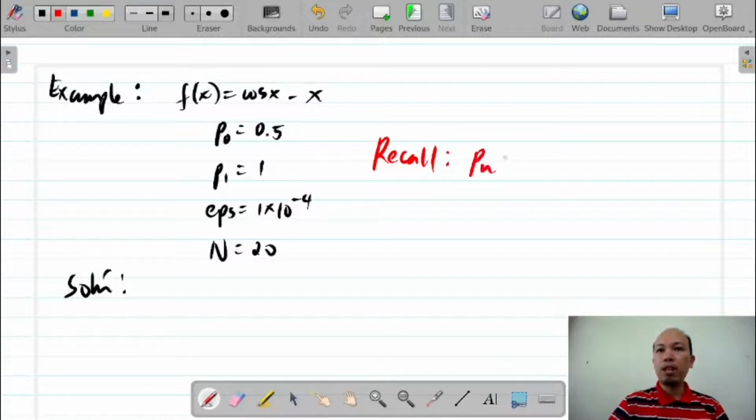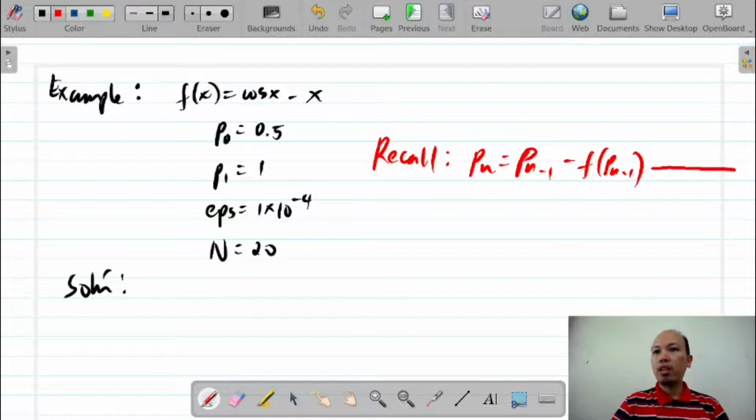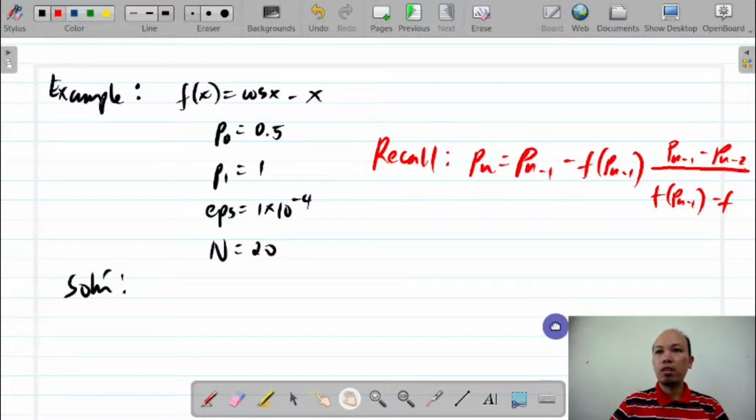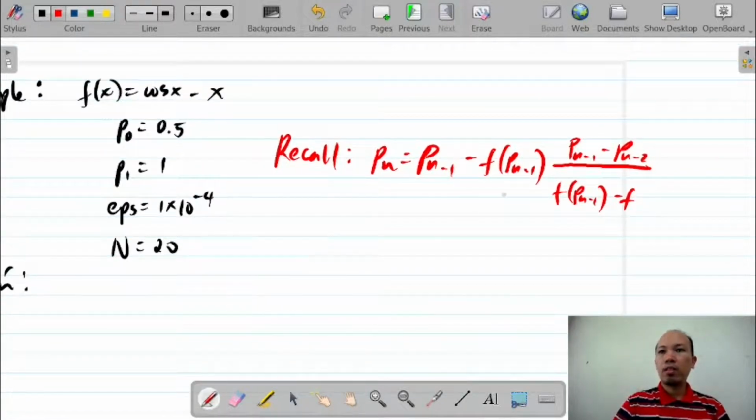We have p sub n is equal to p sub n minus 1 minus f of p sub n minus 1 times the quantity p sub n minus 1 minus p sub n minus 2, over f of p sub n minus 1 minus f of p sub n minus 2.